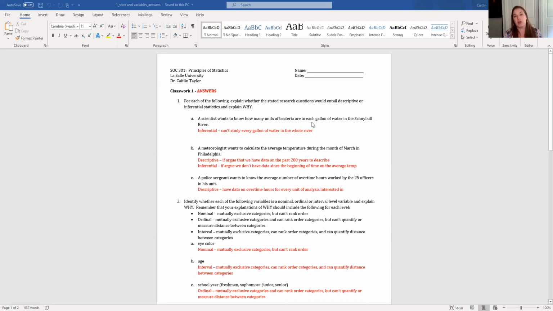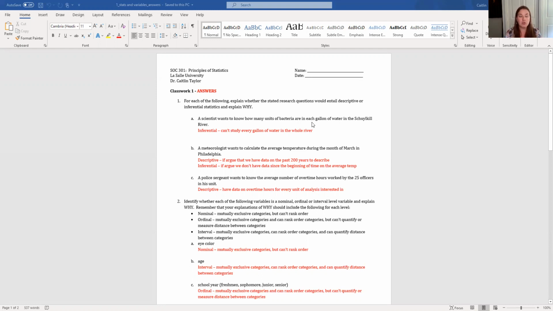So if your answer to that question is no, that means it's going to be inferential statistics, because you need to take a sample to make an estimate, or draw a conclusion or inference, about the entire population.